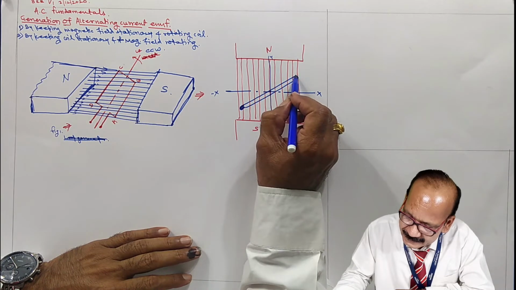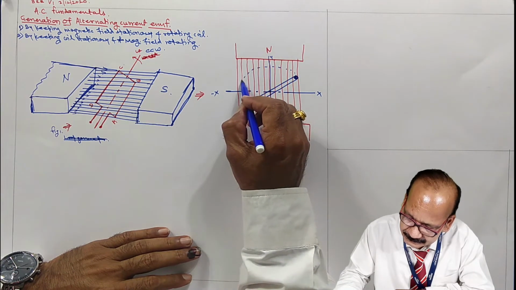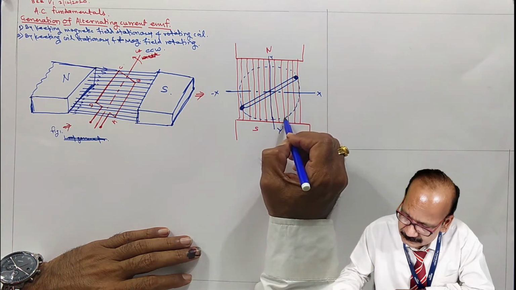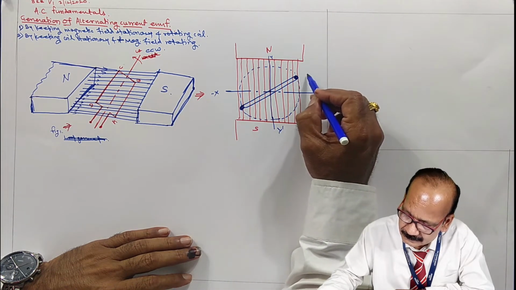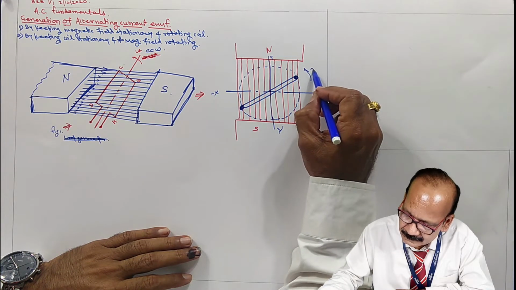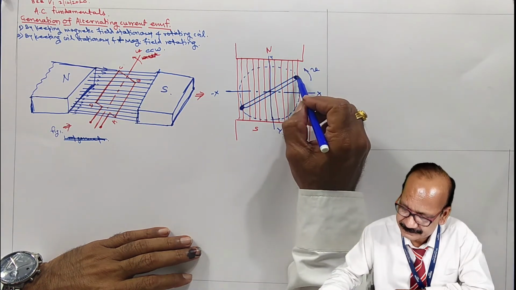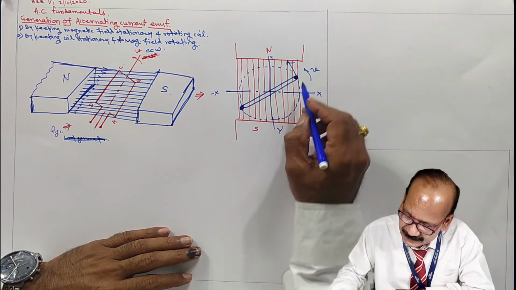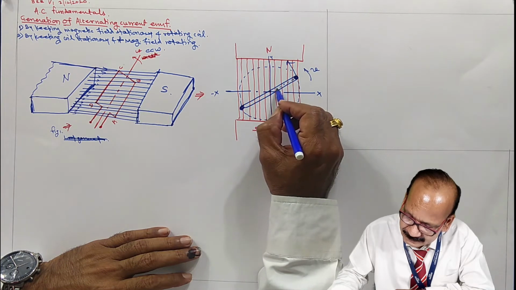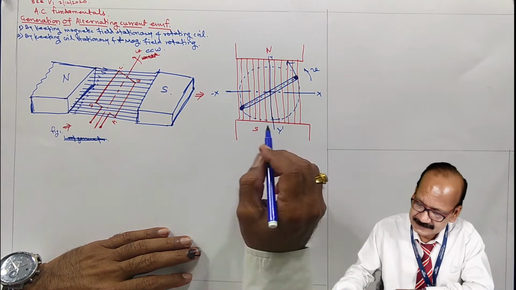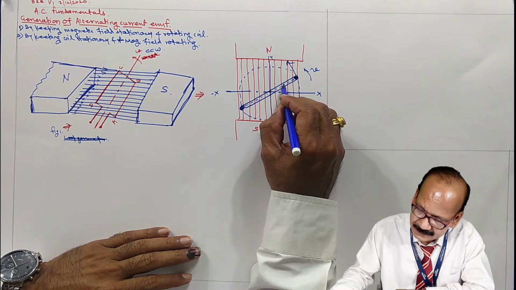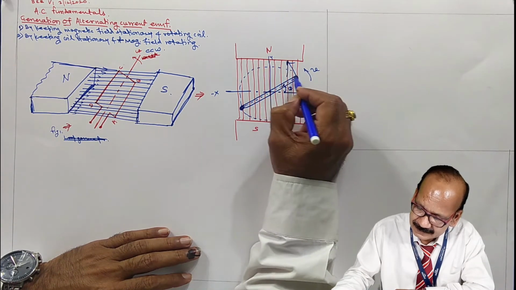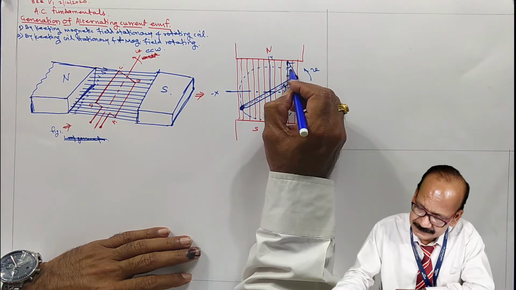Say it is rotating in counterclockwise direction with linear velocity v. Say it is perpendicular to this one, and say the angle made with the reference is theta. This angle is theta, and therefore this angle is also theta.